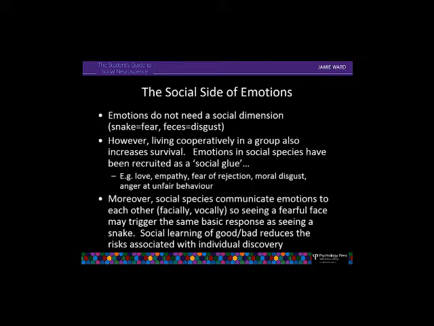So the idea is that in social species, these basic mechanisms are then adapted to things such as empathy, altruism, fear of rejection, moral disgust. One claim is that I feel disgust about somebody else's inappropriate behaviours using the same neural mechanisms that other species would use when they encounter some contaminant, such as poo or something like this. That's one claim. There's some evidence for it.